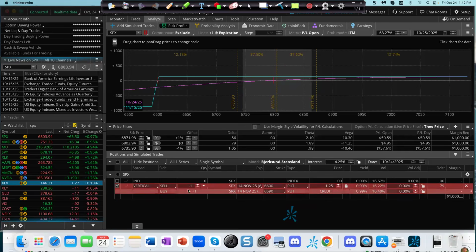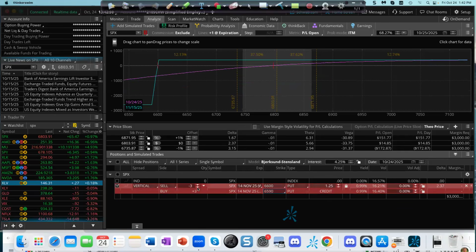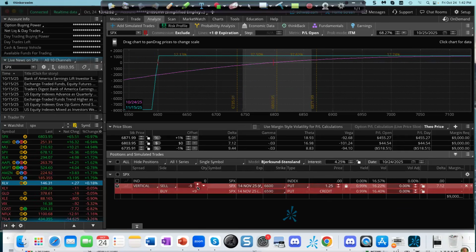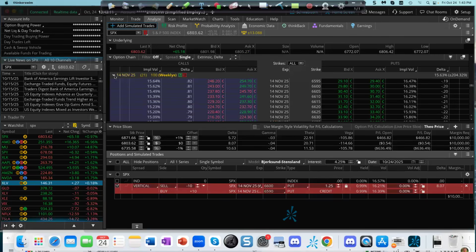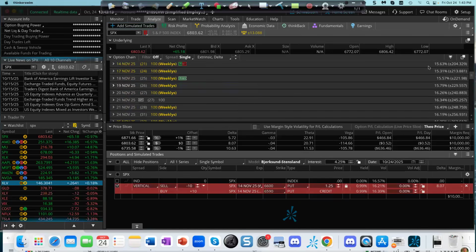I mean, if I was doing 10 of these, let's say I was doing 10 spreads and this was an $8,700 trade, and you were concerned on the downside, are there hedges you can do? Yeah. This is a 21-day put credit spread.